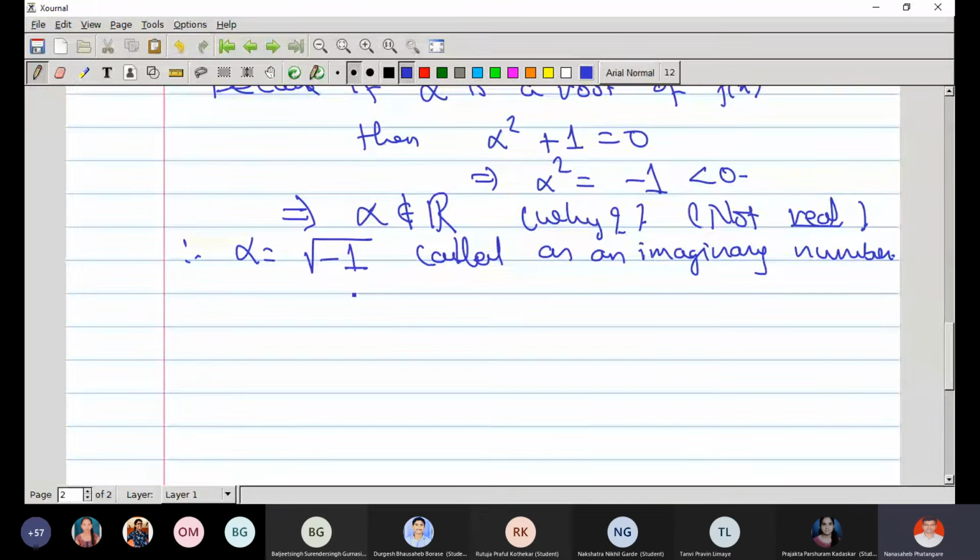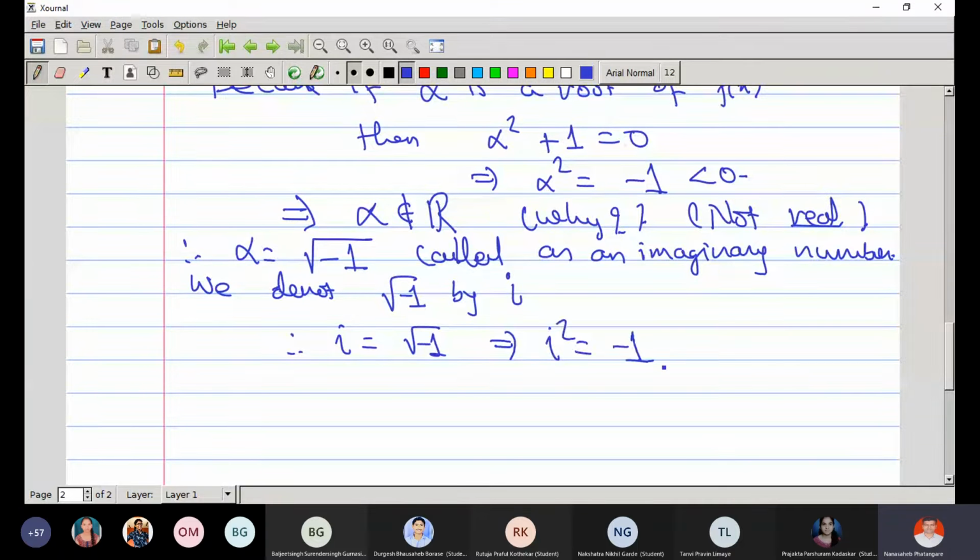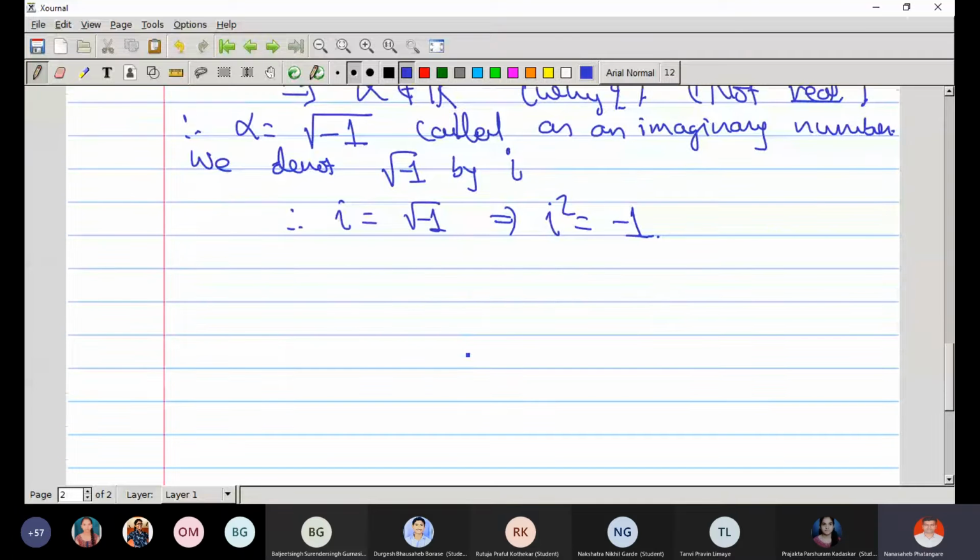For convention, or for simplicity, we denote square root of -1 by the symbol i. Therefore, i is equal to square root of -1 and hence i square is equal to -1. This is the symbol we denote alpha by.